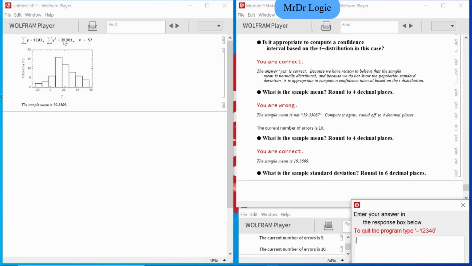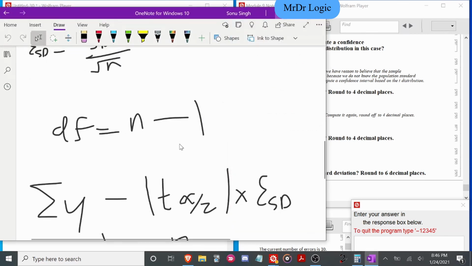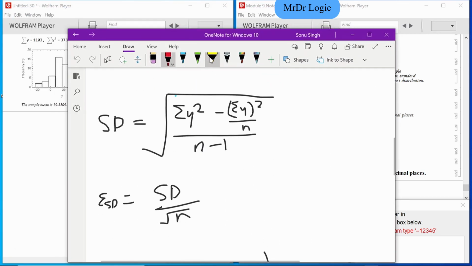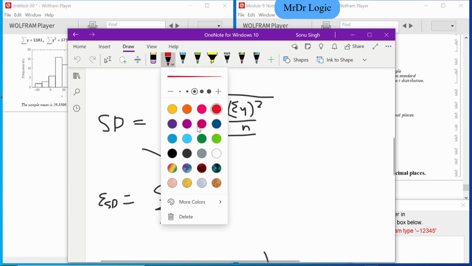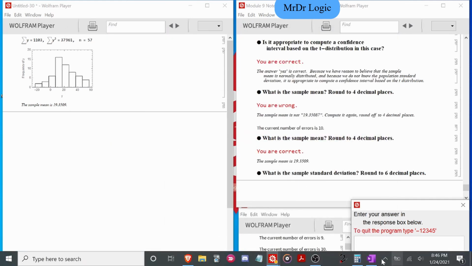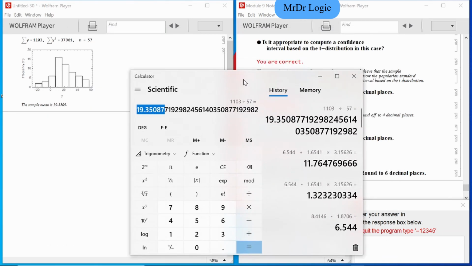We're given a sample. Oh, it's right there. I didn't notice it. So we're going to use this formula again, just like we have done a couple of dozen times already. So, yay.